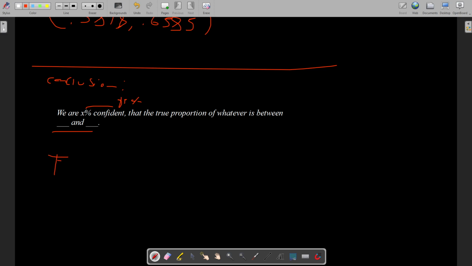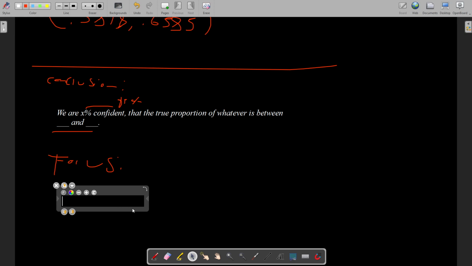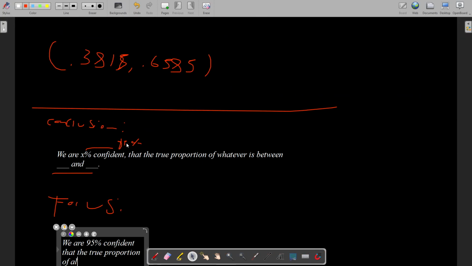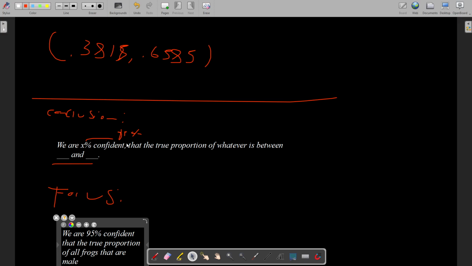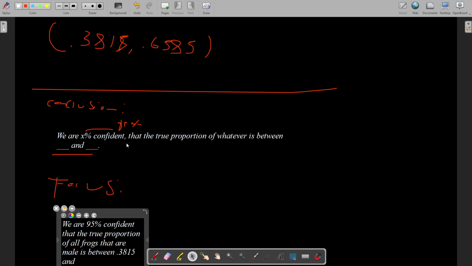So for us, we are 95% confident that the true proportion of all frogs that are male is between 0.3815 and 0.6585.